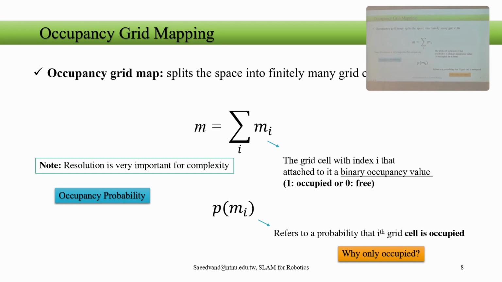I have a question for you guys that states why only occupied. So we say this term over here refers to the probability that the ith grid cell is occupied. So why only occupied?